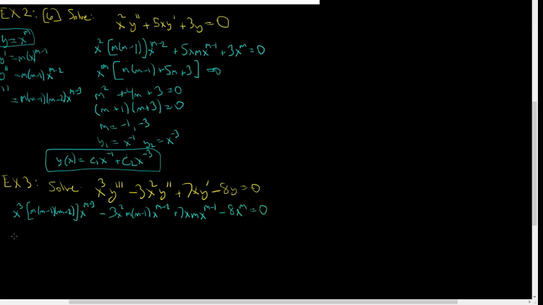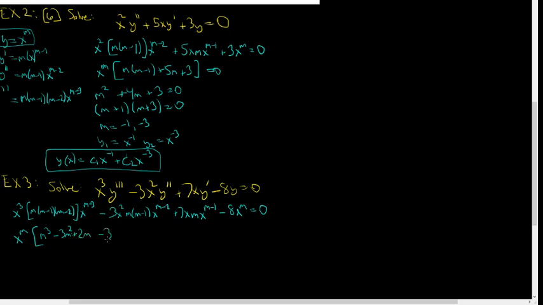So, right, you pull out the x to the m, and you're going to get m cubed and then minus 3m squared, and then plus 2m.